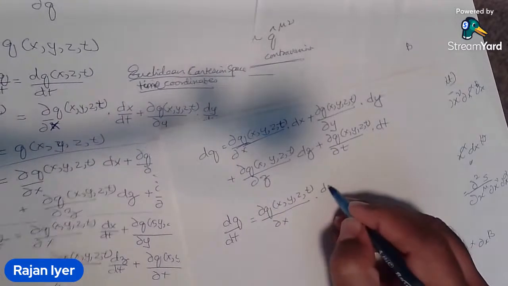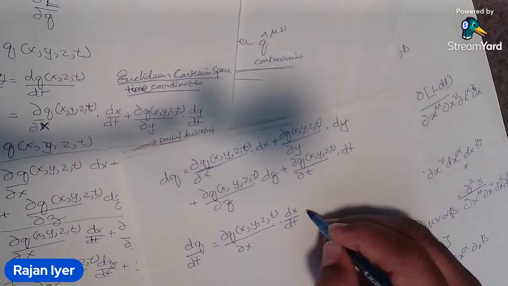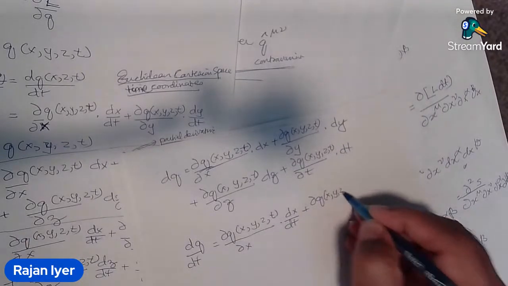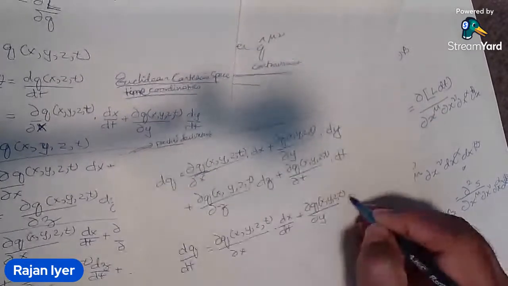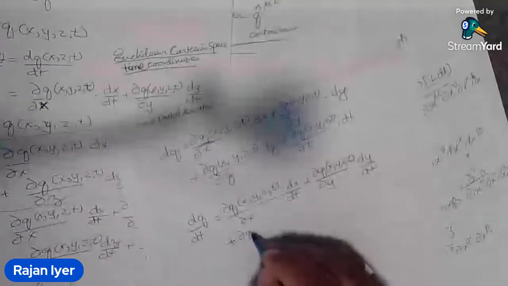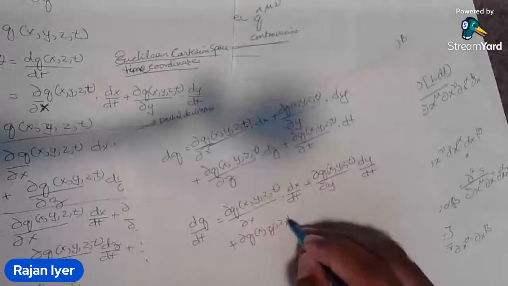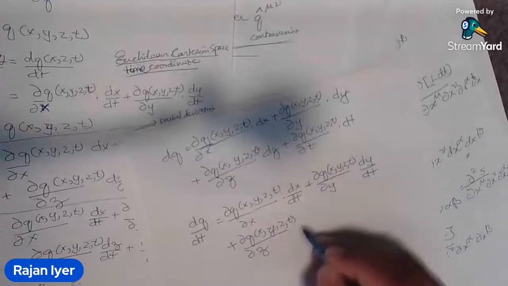Del q over del x times dx by dt, plus del q of x y z t over del y times dy by dt, plus del q x y z t over del z times dz by dt.